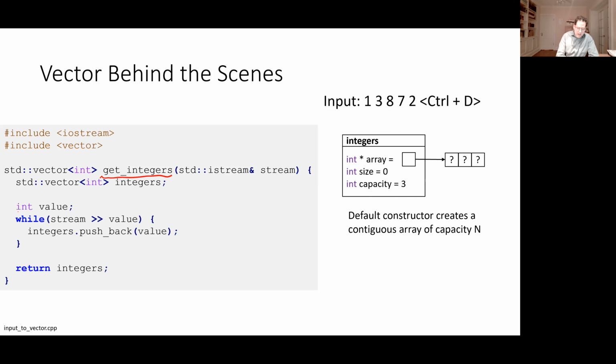The first line that's interesting is this one. We declare an object named integers, and it's of type vector of ints. We didn't put anything in the brackets after this, so we're getting the default constructor. The default constructor for a vector is going to create this integers object, and it's an empty vector.